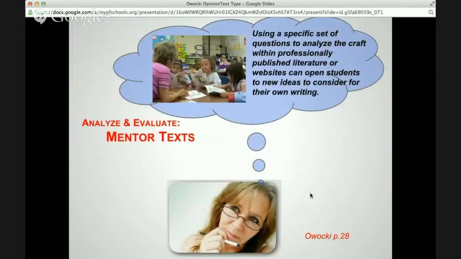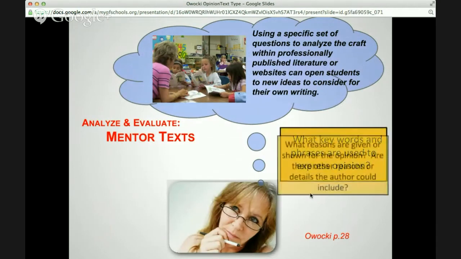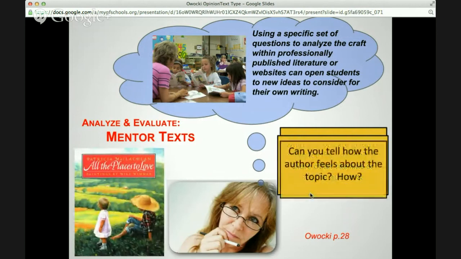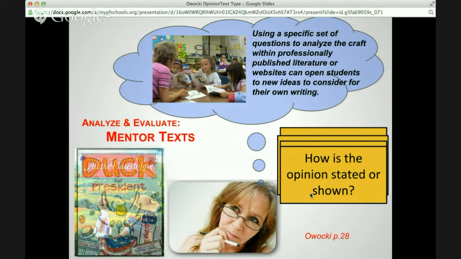So in addition to analyzing and evaluating student writing, we also look at mentor texts. We look at them with the same set of questions to analyze the craft, because when students look at the professional texts, it opens up ideas for them to consider as they are creating their own pieces that emulate these mentor texts.